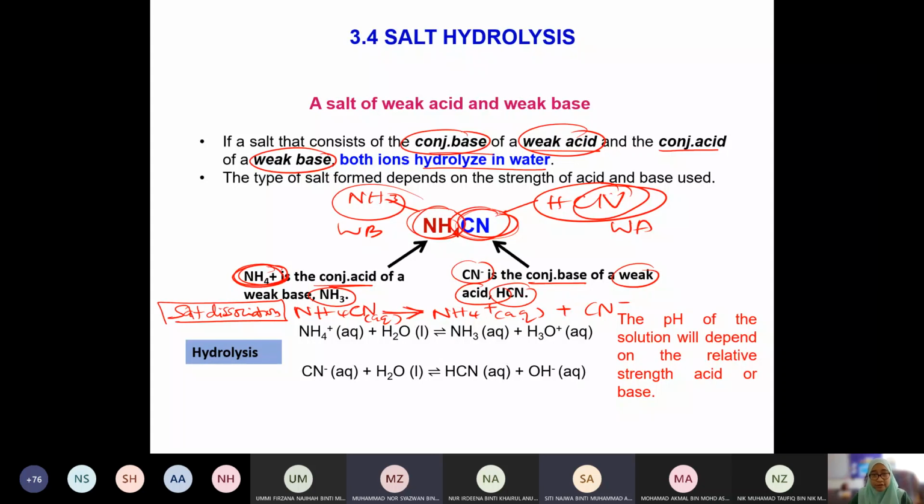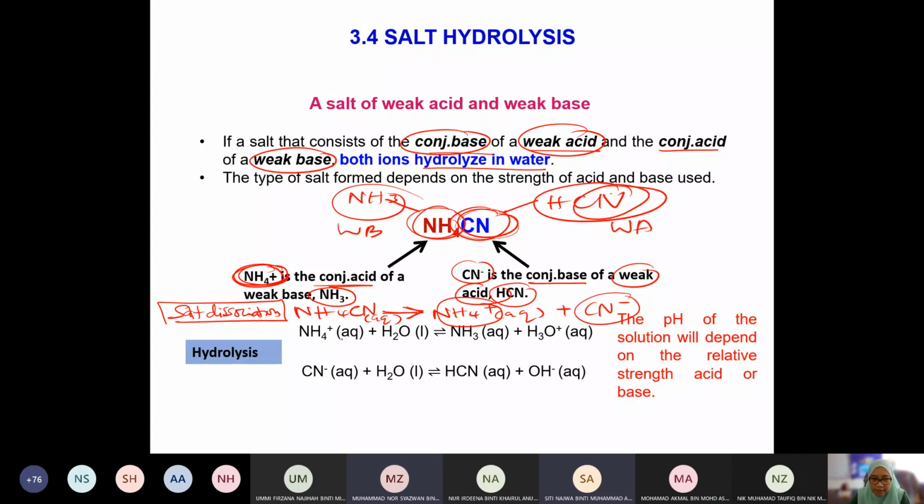Earlier, for the acidic and basic salt, we needed to choose which of the two ions would undergo hydrolysis. This one is the same. When we check, NH4 plus will hydrolyze in water, and the same goes for CN minus. Both of them will hydrolyze in water. So you have to do both.